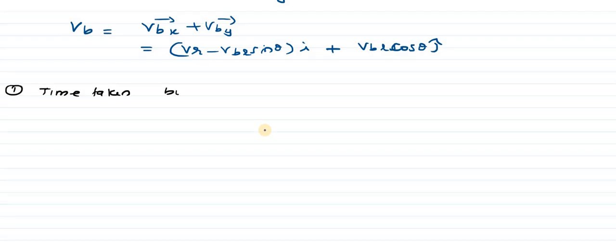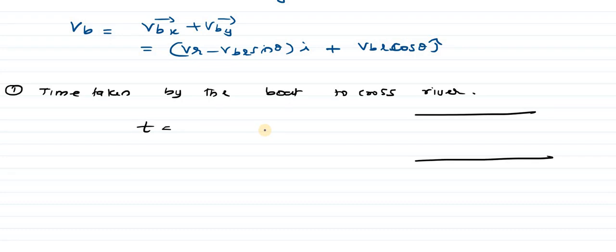Time taken by the boat or the swimmer to cross the river, both are the same. Time is equal to distance by the vertical velocity. The vertical component is the one helping me cross. The horizontal component will not help me in moving along the vertical direction; it only moves me along the horizontal direction. So, for crossing the river in the vertical direction, which component is helping? VBR cos theta. So time is distance by speed.